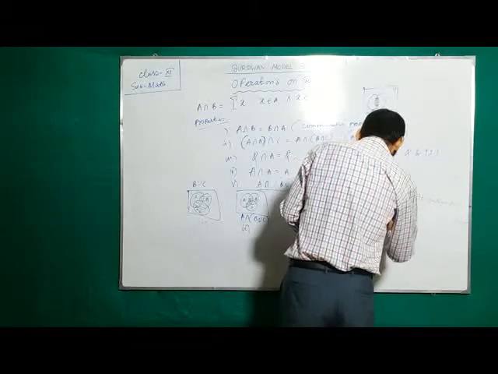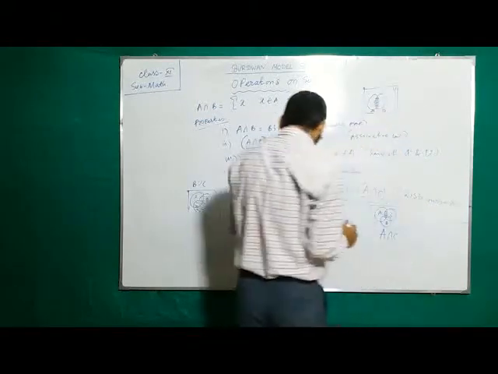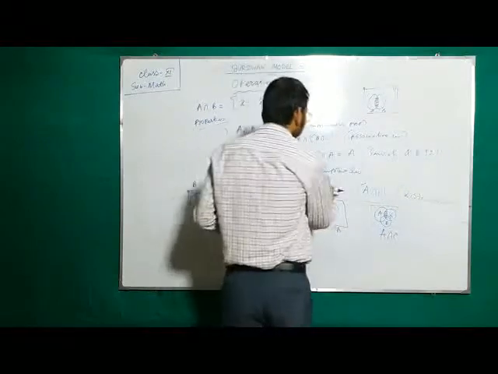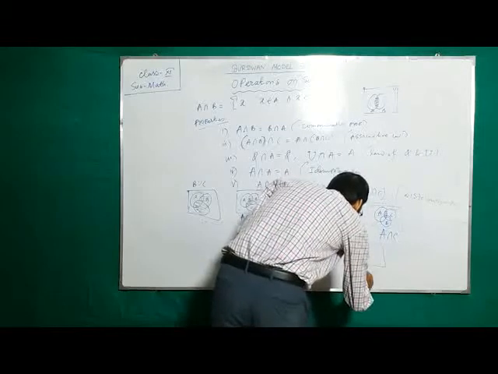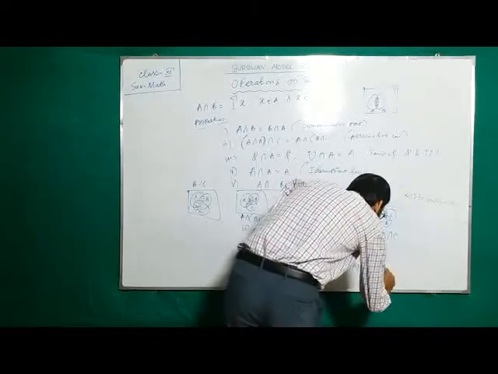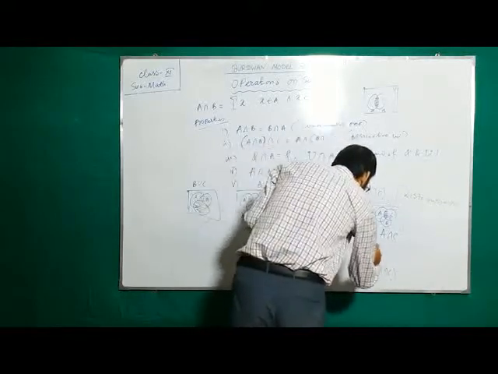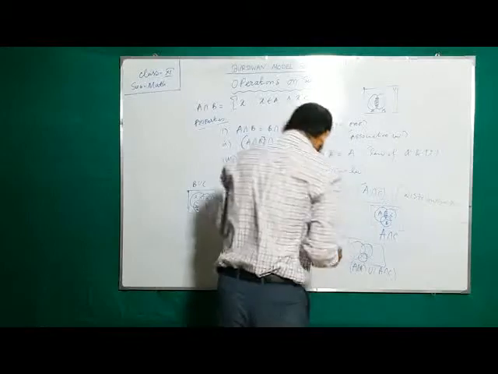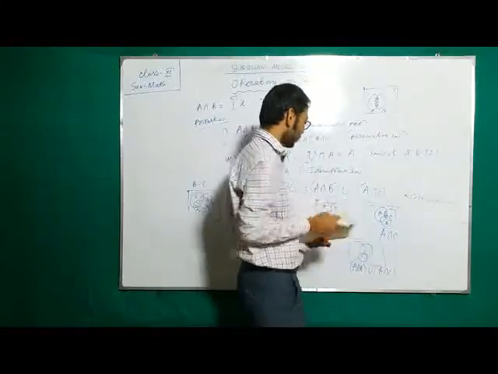Now the last figure is A intersection B union A intersection C. Okay. Now I am doing the union of both of these.